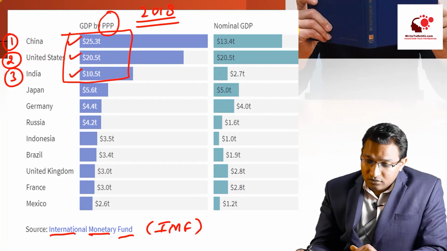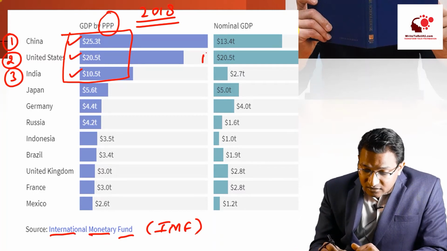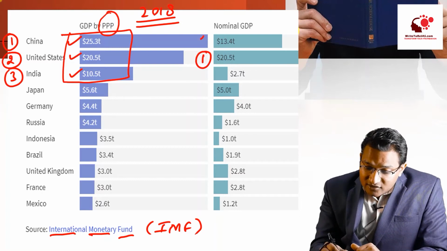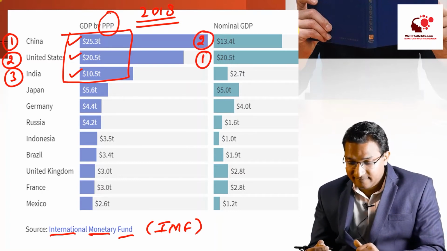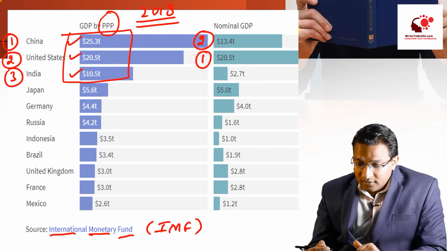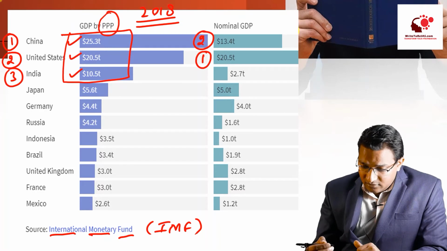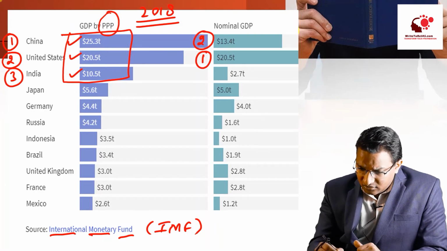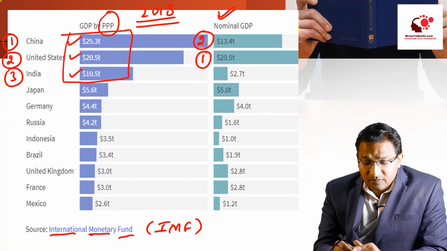If we go on a nominal basis, it is the USA which is occupying the first rank. China is occupying the second rank, right? I don't have the complete data regarding the nominal, because we are discussing the GDP on the PPP basis, so we will stick to this only.